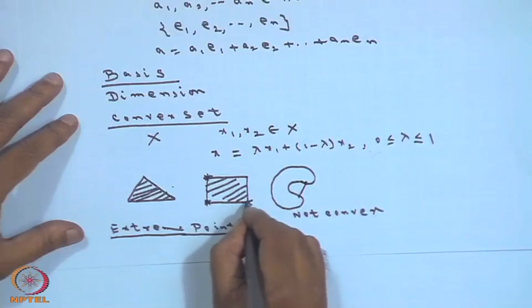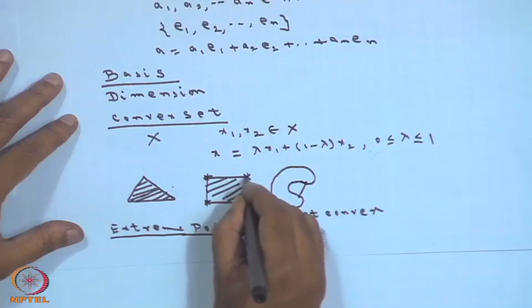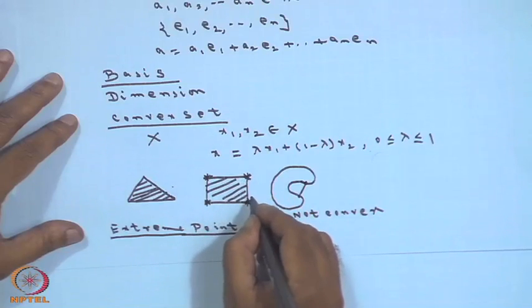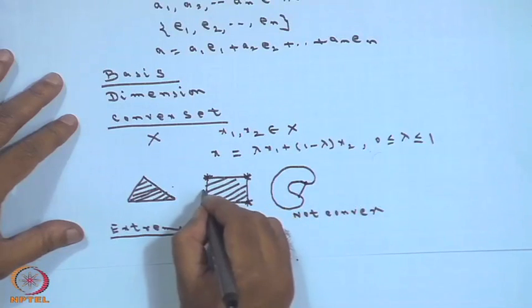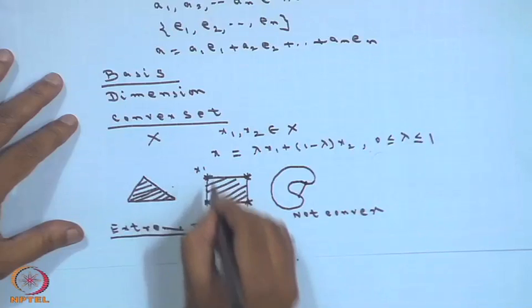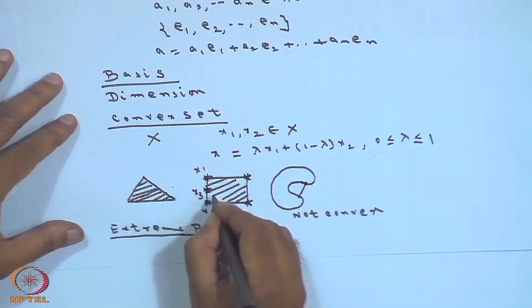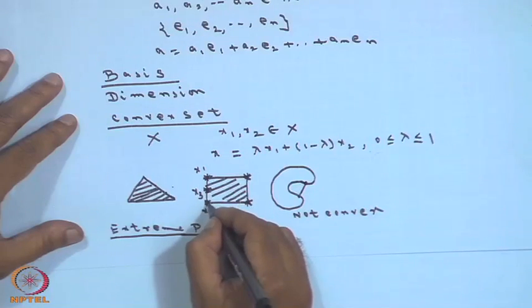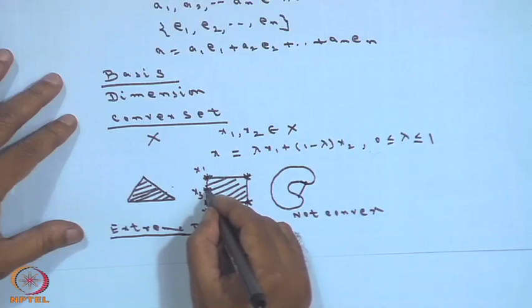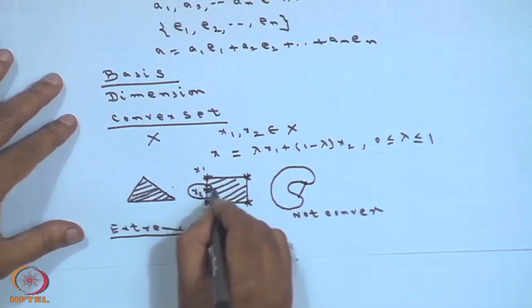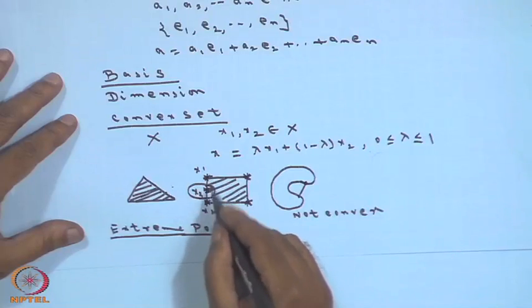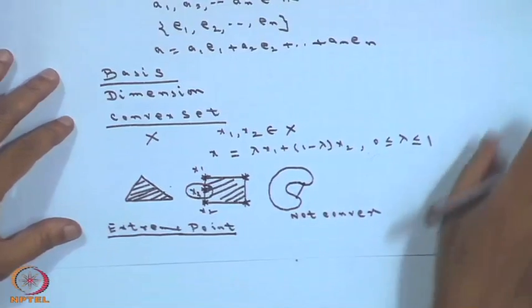These are the extreme points, because I cannot find any two other points whose segment will pass through them. But consider x3: although it is on the boundary, I can find two points x1 and x2 such that joining them, x3 lies on the segment. Therefore, x3 is not an extreme point, whereas x1 and x2 are extreme points. Thank you.